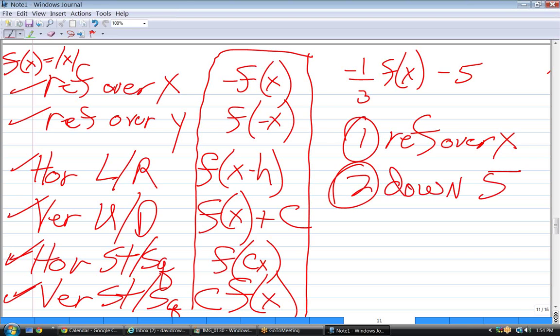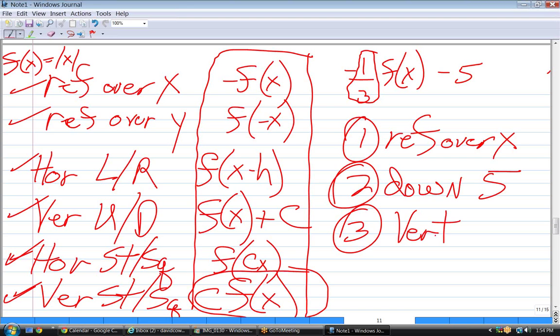Okay? And finally, there's one other thing going on. This 1/3 here, we're multiplying our function by 1/3 outside the function. That is a vertical stretch or squeeze.